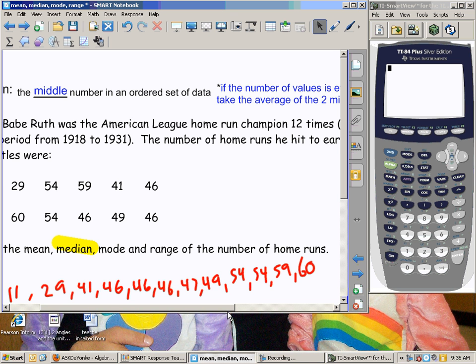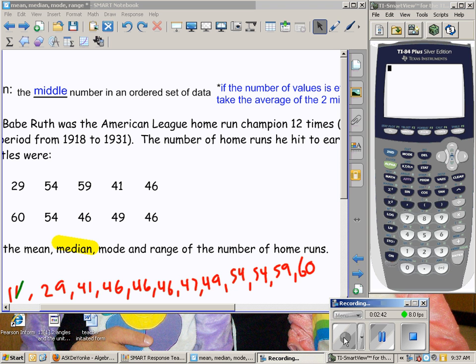And now that they're in order, I have to take the middle number. So I'm going to count from the outside to get to my middle. If I take the two outsidemost numbers, in this case 11 and 60, cross them out, 29 and 59, 41 and 54, 46 and 54, 46 and 49.